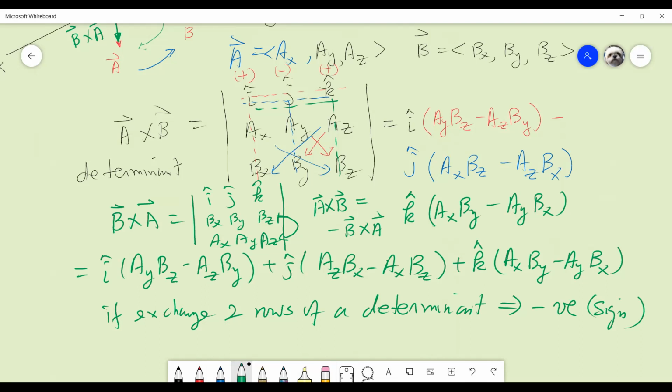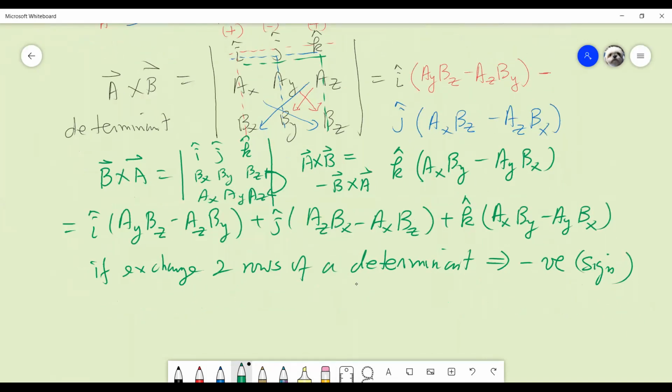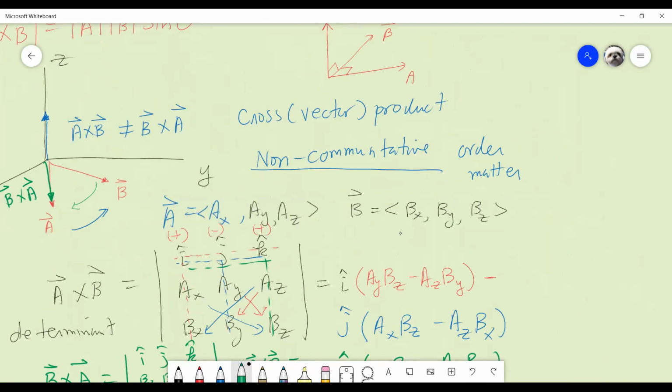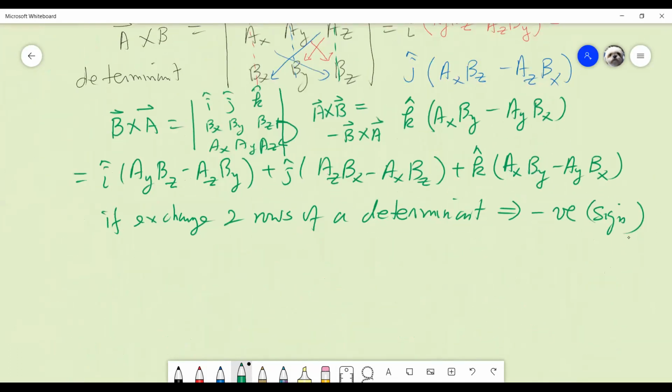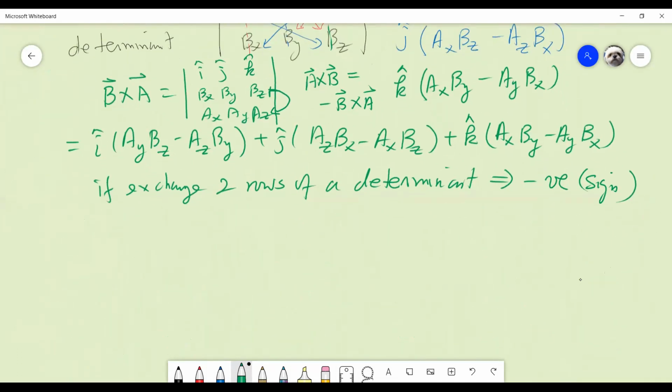Now, the cross product for the unit vectors also follows the order. Let me show you. What is I cross I? You're going to draw a symbol like this that we call a cyclic notation.